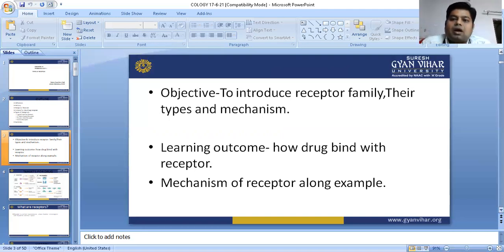Along with that, how the receptors function, means what is their mechanism, along with the examples, means which receptor is ligand gated ion channel receptor, which receptor is G protein coupled receptor, which receptor is enzyme linked receptor. All these are the examples which we are going to discuss in this chapter or in this topic.